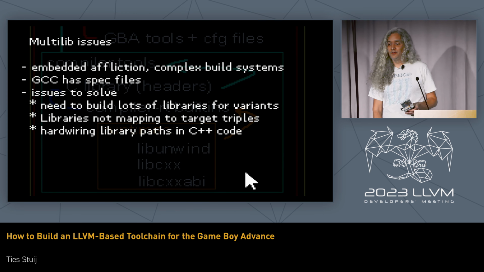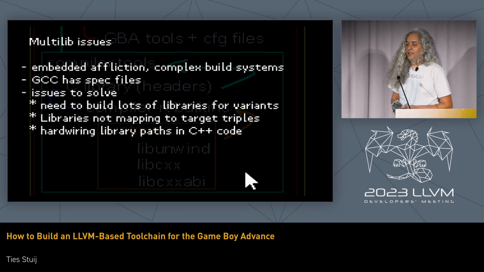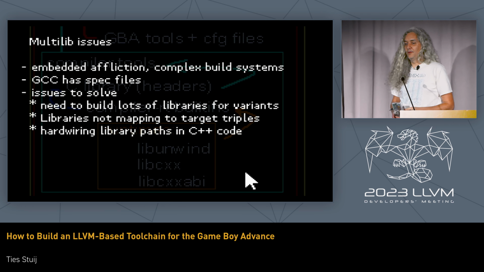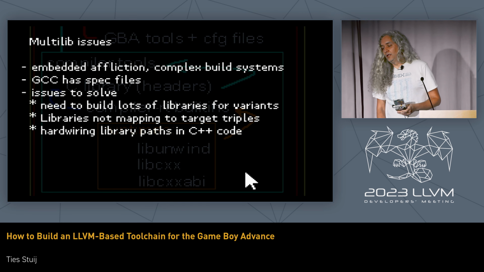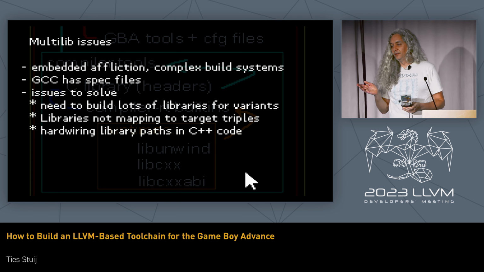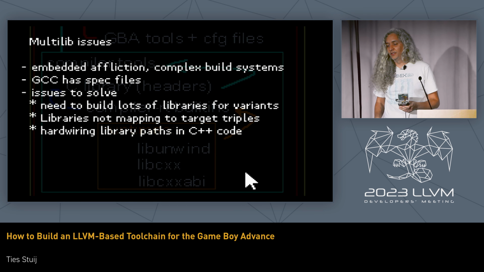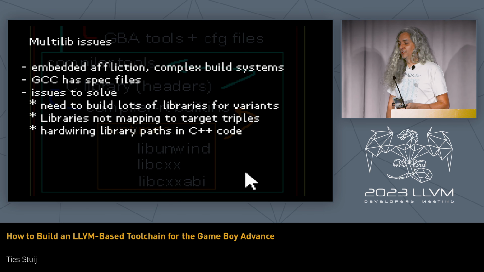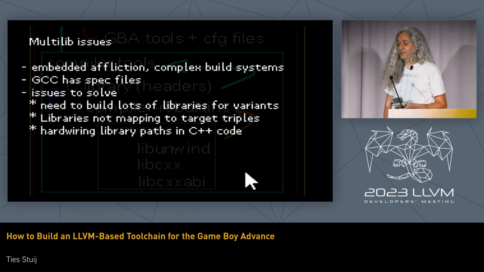Multilib issues. So for embedded targets, LLVM for a good long time didn't really have a very good answer to mapping how the target that you're now building for maps to the libraries that you want to use. People would hardwire it into their C++ code.